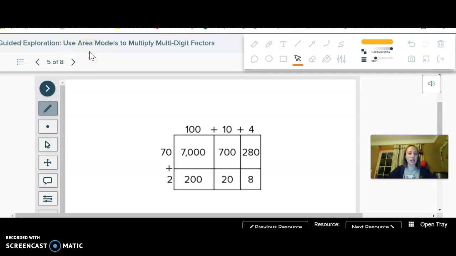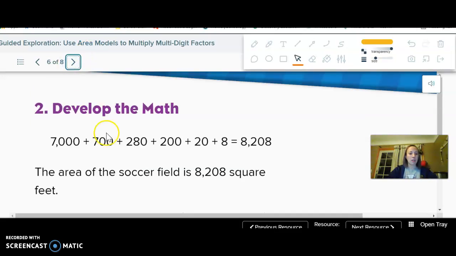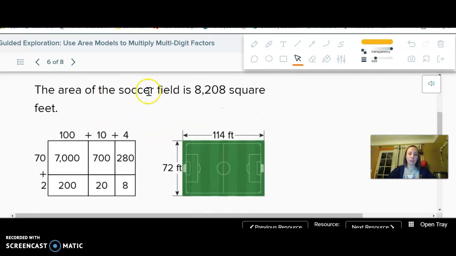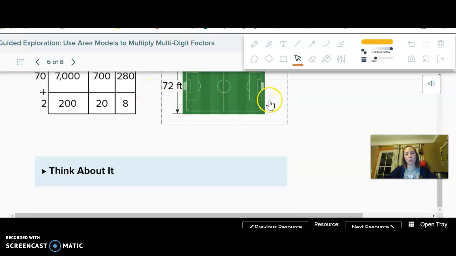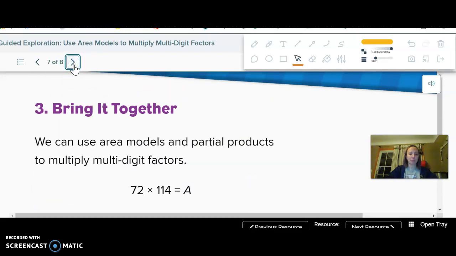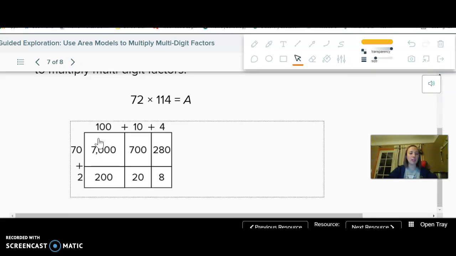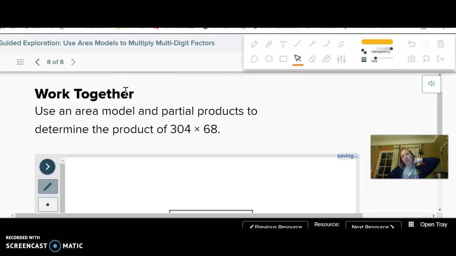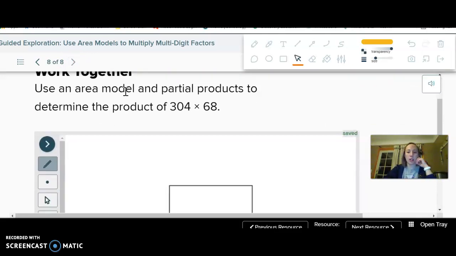Just be careful when you're adding because you'd hate for that to be where you make your mistake. So the area is 8,208 square feet. We multiply, that's how many squares it would take to cover it. So we use area models and then partial products by adding to get the answer. This one we will do together, and then I'll have you do some practice.